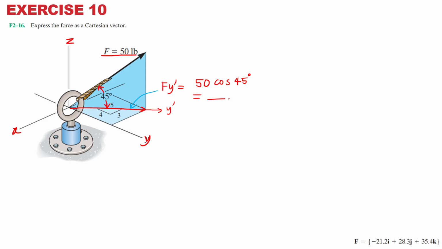You're gonna get 50 cos 45, 35.36. 35.36 pounds, not Newton. Never mind, lb. Pound.